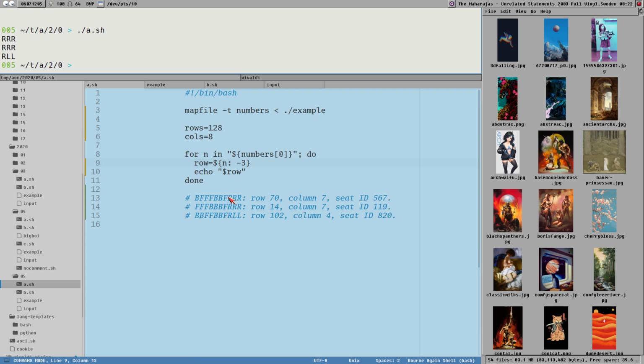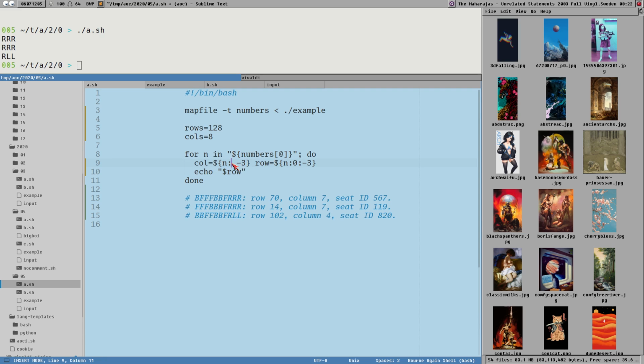Ah, no, that takes just the 3, that's the col, and then row is n colon 0 colon -3. And you see, I have to add a space here because colon dash has a special meaning in Bash.